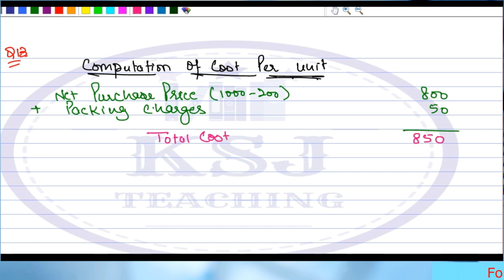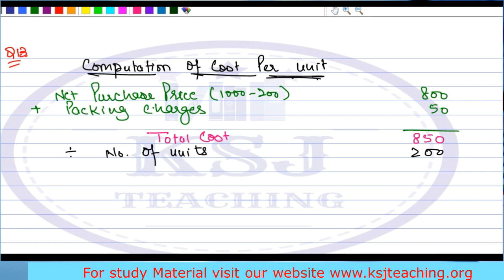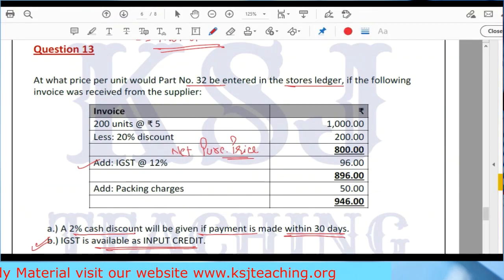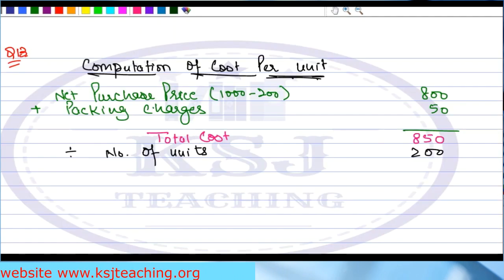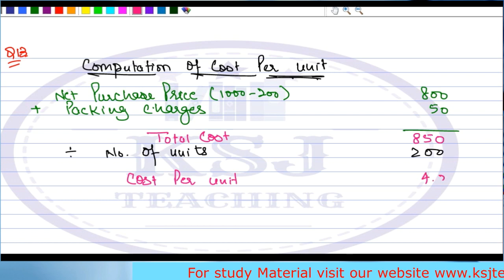We'll divide it by the number of units, that is 200. Sir, where is 200 given? See, this is 200 units, right? So what is the cost per unit? So what we'll get is cost per unit, this is 4.25.